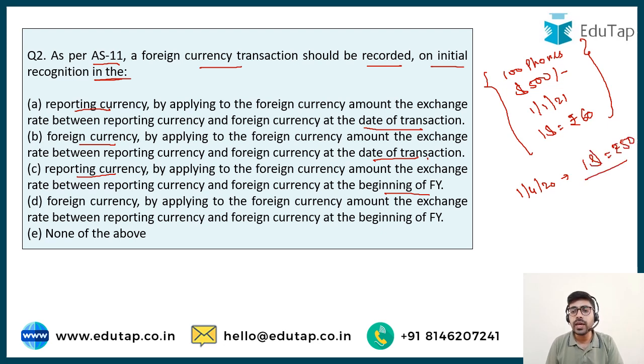You are also aware of this exchange rate, whether you should follow it or the exchange rate at the date of transaction. Whether you should report in the foreign currency by applying the exchange rate at the beginning of the financial year. So these are all the options given to us, and we have to pick the right answer. Just think logically and try to mark out which should be the right answer.